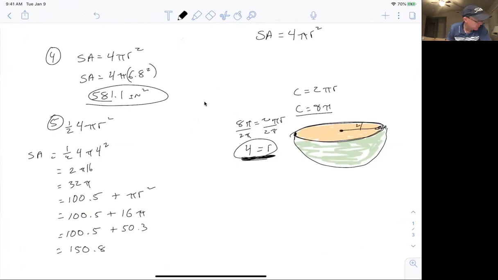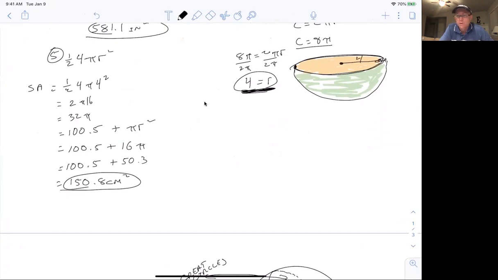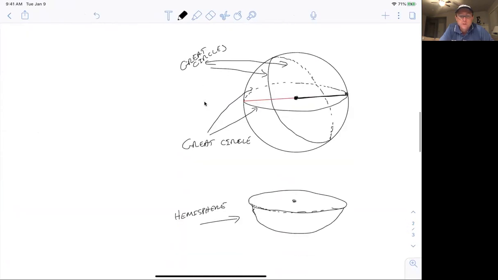And this one is centimeters. Okay, so that's the surface area of that hemisphere. The green part, which is half of the whole sphere, plus the surface area of that orange part that I filled in. So let's do one more.